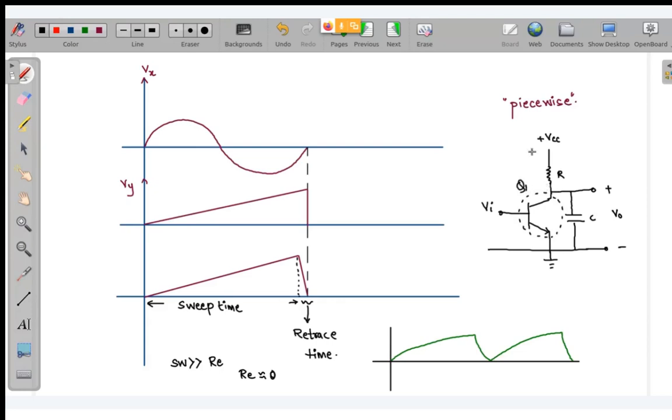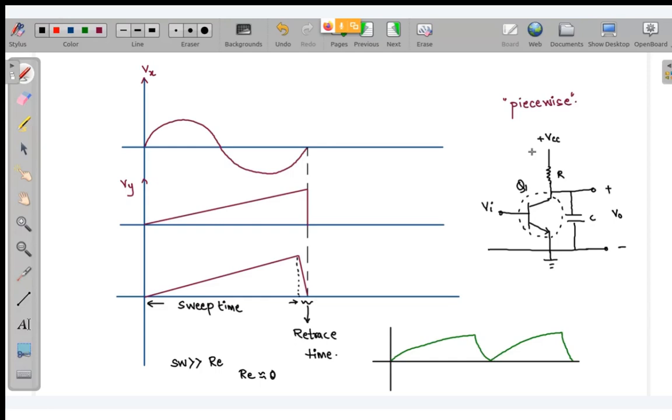I also know this is one BJT. So in which mode is it operating? Can you tell me that? Which mode? Common emitter. Very good. Common emitter.